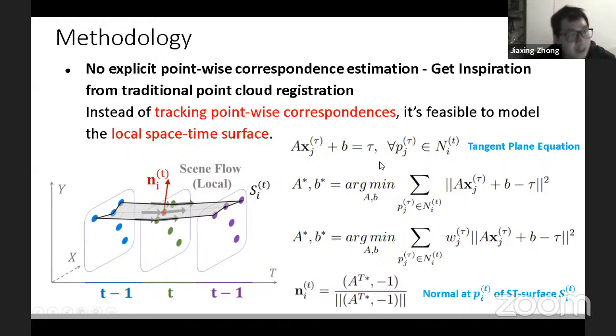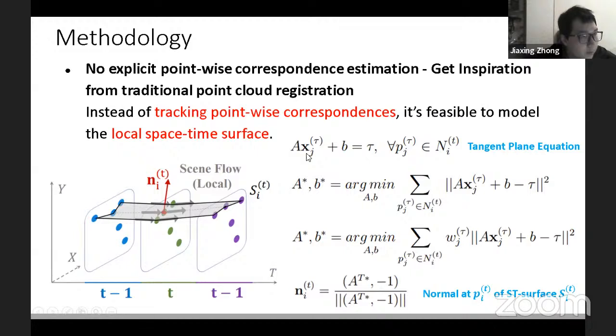Mathematically, we can use this tangent plane equation, where xj is the so-called space-time neighbors. That is the first three blue points, the second three green points, and these purple points together.